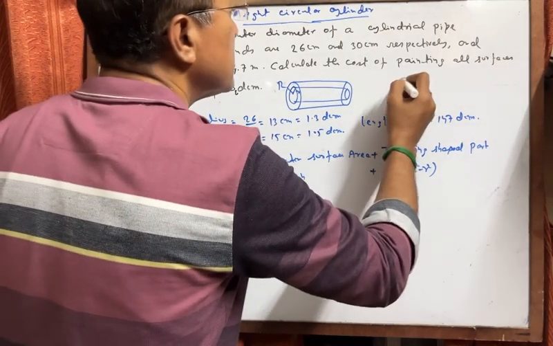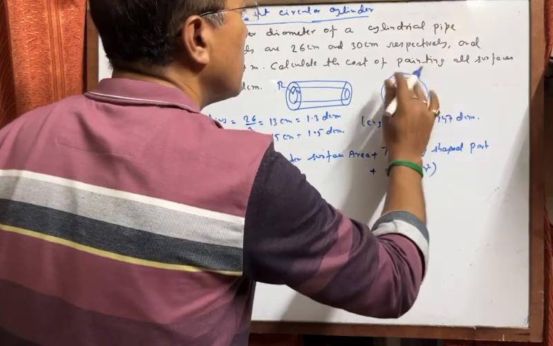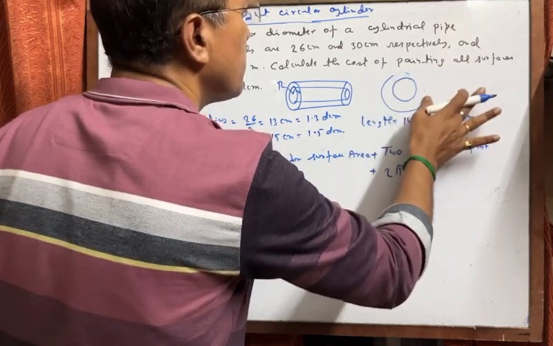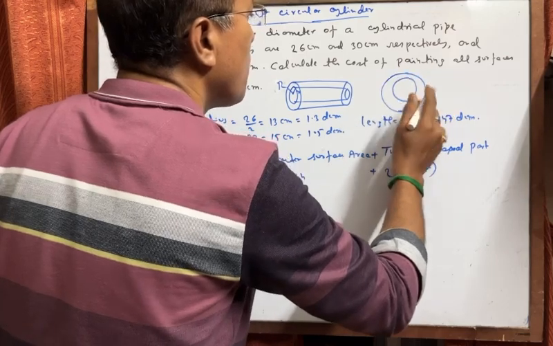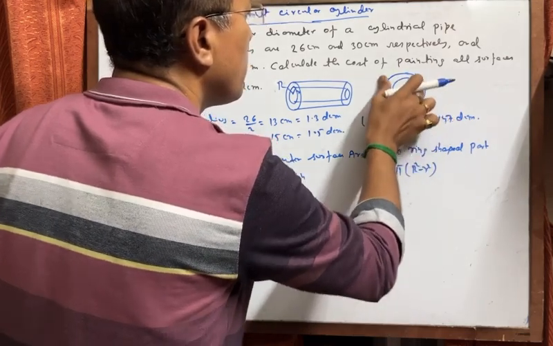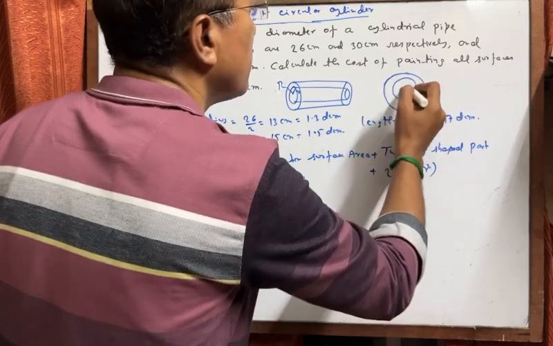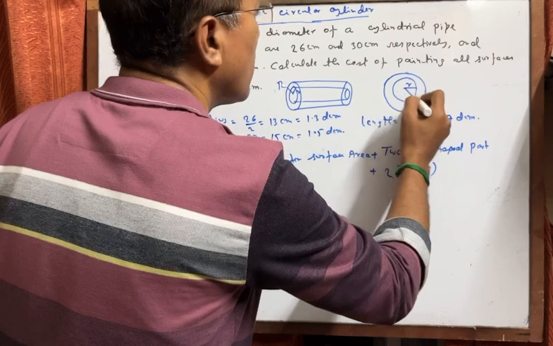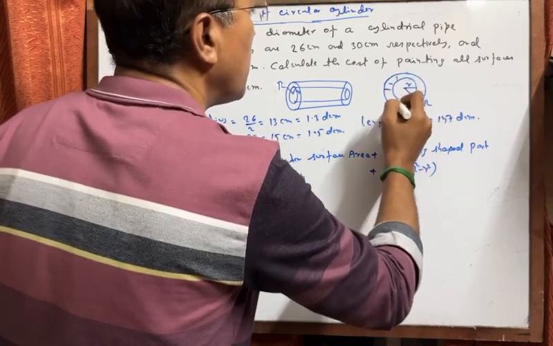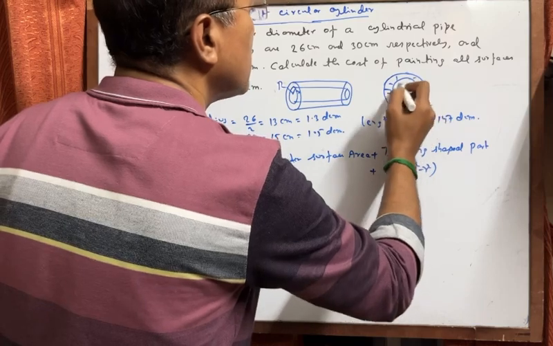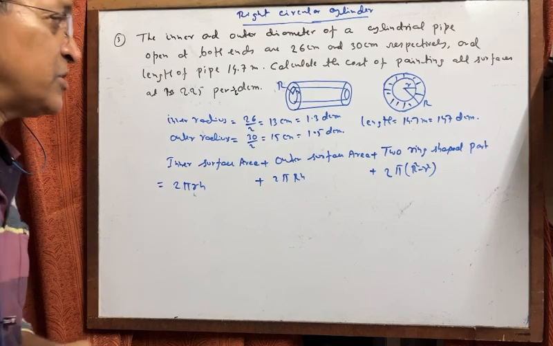Ring shaped part means this one. So this one is smaller r and this one is capital R. We have to think about this particular region.